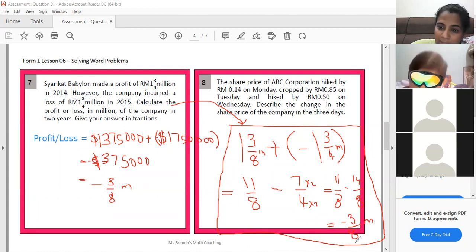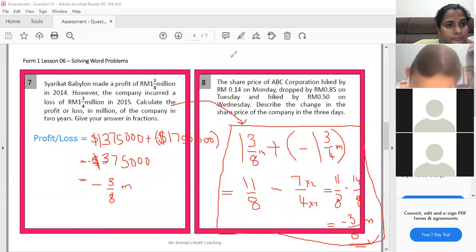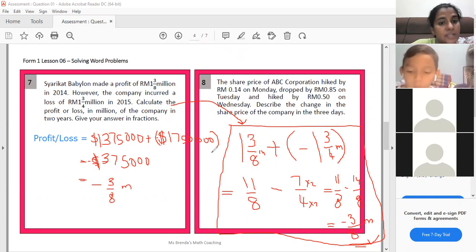Got it? This is in fraction if you solve it. You can vice versa, change it all to values of money, do the subtraction, and then change it back to fraction. That's up to you. You can choose two ways, whichever way suits you best. Sometimes decimal is easier. Sometimes in this case, if you ask me, fraction is easier.